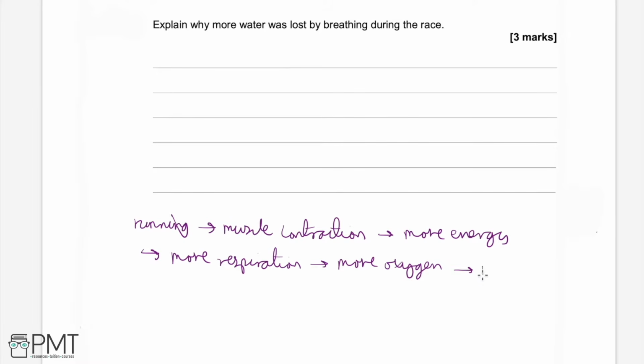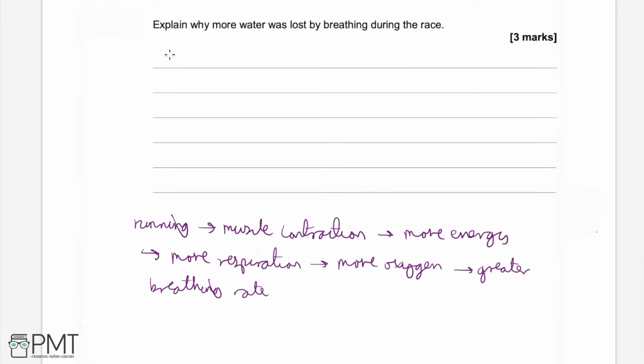With more respiration, more oxygen is needed, since it's a reactant of the process. Therefore, we need to have a greater breathing rate so that more oxygen can be taken up by the body. Water is contained in the air that you breathe out. Therefore, with a greater breathing rate, meaning that a greater volume of air is breathed out, more water will be lost.